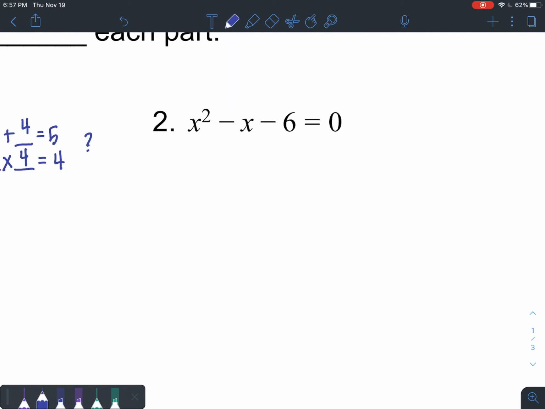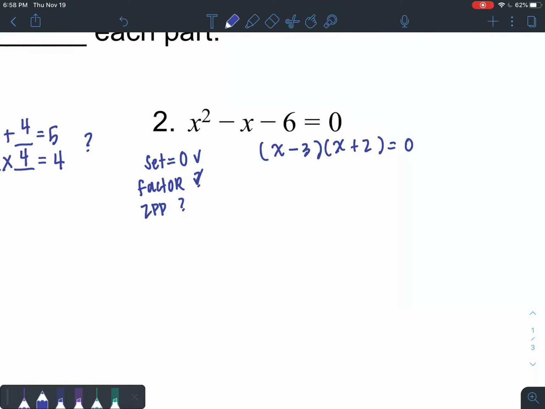Let's go ahead and do this next one together. All right, so first, set everything equal to 0. Done. Now we need to factor. I want you to go ahead and do that on your own. What you should have had is (x minus 3)(x plus 2) equals 0. Done.